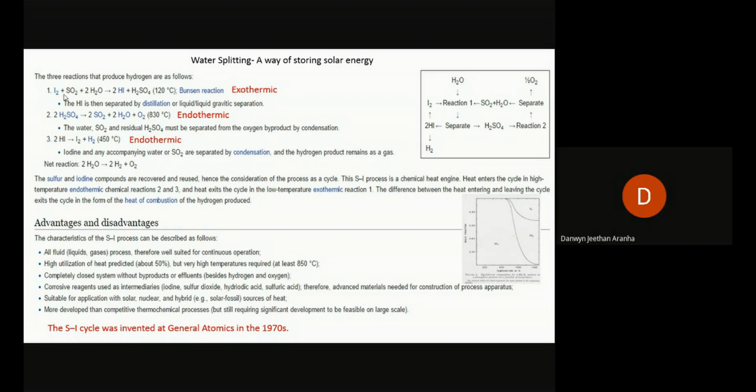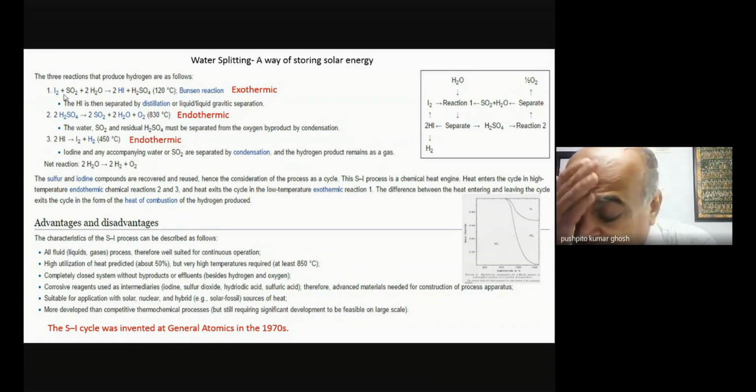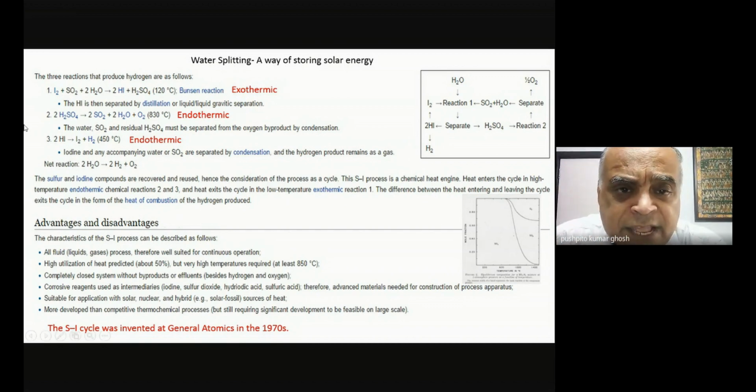In fact, these were experiments that we used to do in school. You can show the oxygen and hydrogen being collected in a burette or something separately. So in these processes that I will now show you, they also have this advantage that you collect the hydrogen and oxygen separately. Now let's see what they actually do.